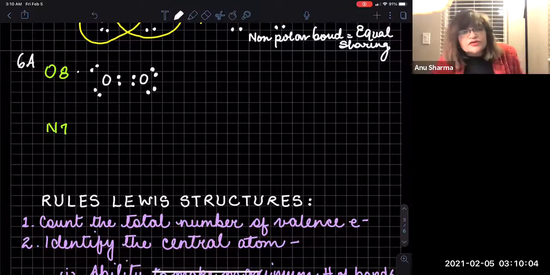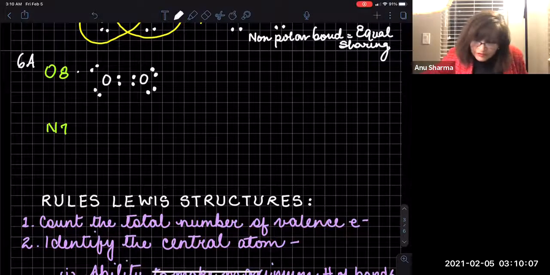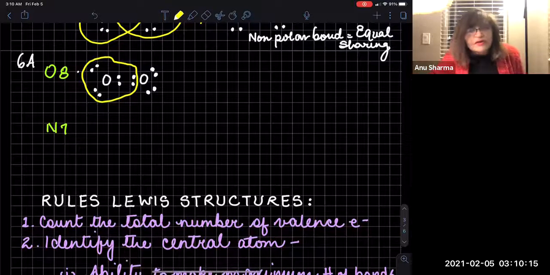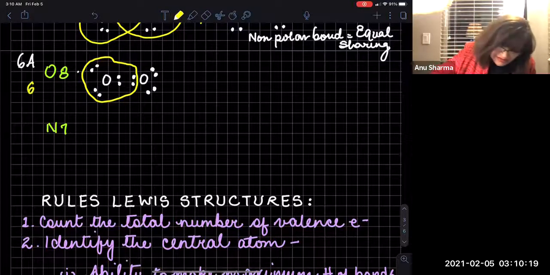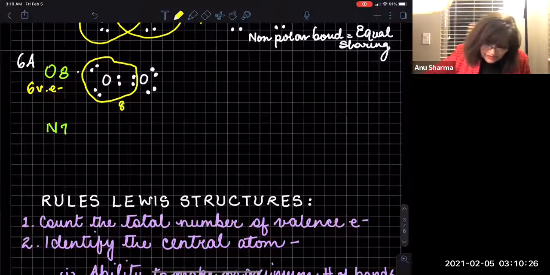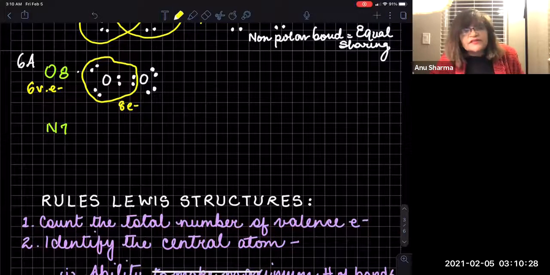So this is another oxygen. Now what we see here is that this oxygen is going to take these 2 electrons, because oxygen has 6 valence electrons, and it needs 2 more to get an octet. This is how it gets the octet, when it takes the 2 electrons from its neighbor.